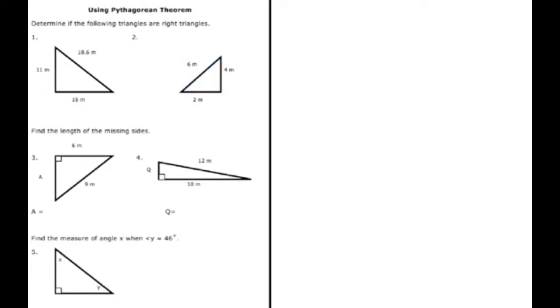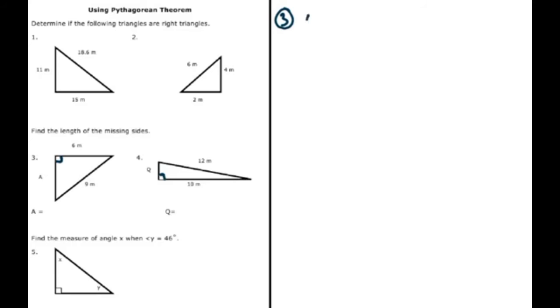See the next type of problem. Here we are given that these are right angle triangles. How do we know that these are right angle triangles? Because they have given one angle as 90 degree. If any one angle of a triangle is 90 degree, that means it is a right angle triangle. So they are going to satisfy Pythagoras theorem. So see, look at the question number 3. Here hypotenuse is 9 meter and one side is A, other is 6 meter.